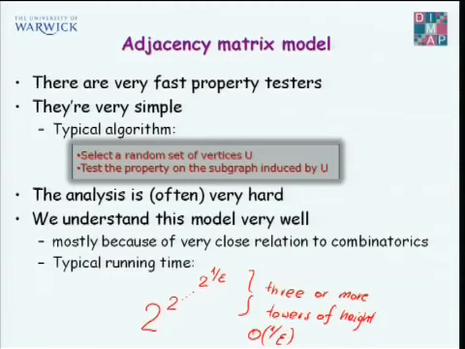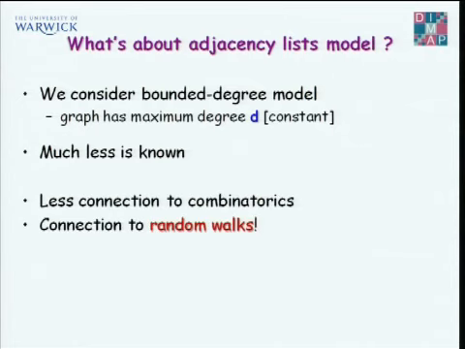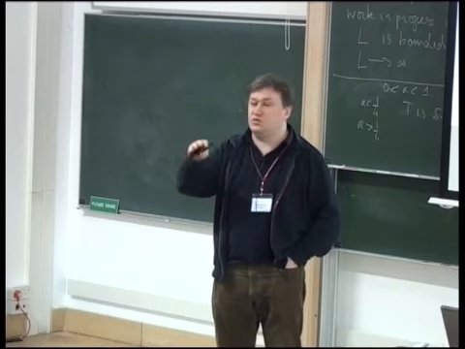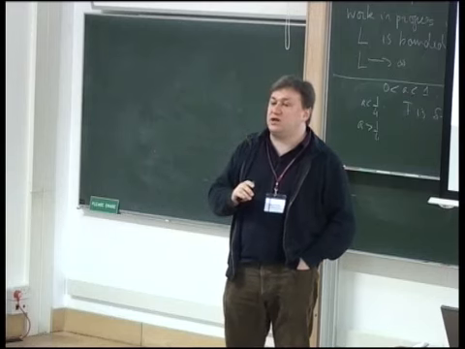Now I would like to study this other model. Once again, bounded degree graphs, upper bounded by d, where d is a constant, and unfortunately we know much less. We still don't really understand this model well. The main reason is perhaps that in the adjacency matrix model, all these tower-type constants come from using Szemerédi's regularity lemma.